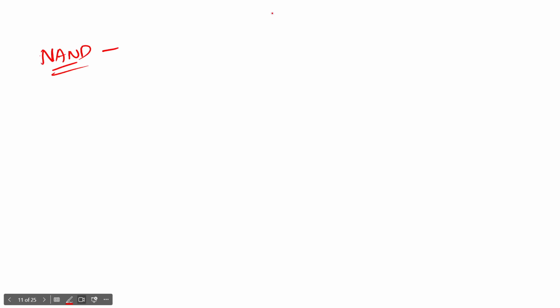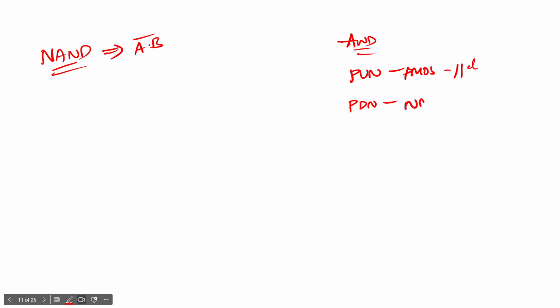Sorry, NAND gate. I am saying (A dot B) whole bar. So for the AND operation, the pull up network, that means PMOS, are in parallel. The pull down network, that means NMOS, are in series. Okay.